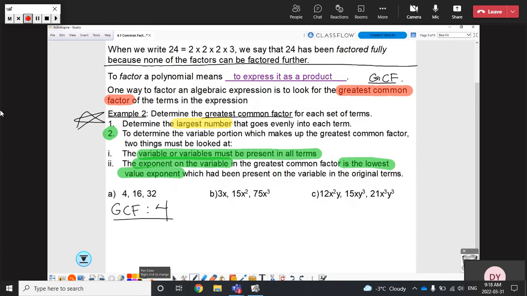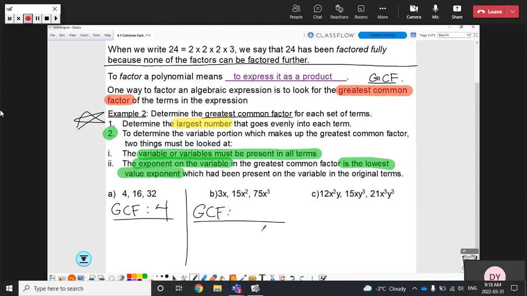I think it's easier done than said. So let's look at example B. If we're trying to obtain the greatest common factor here, first let's think about the number. What is the number part of the greatest common factor? What number divides evenly into all three of these terms?